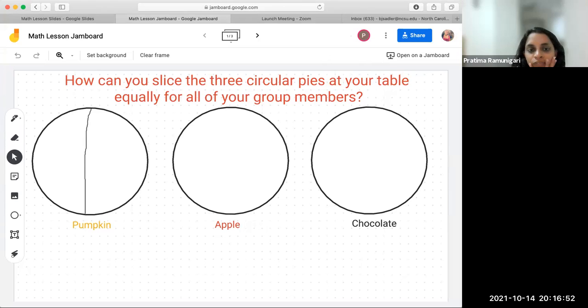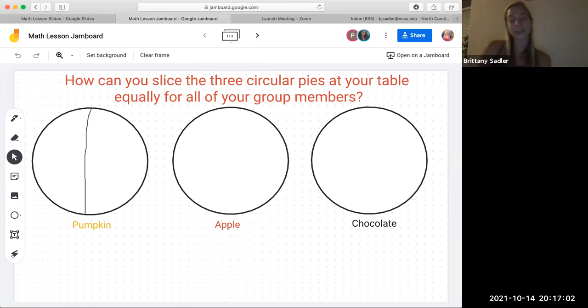Do we have to share all the 3 pies? Or can we just pick what we like and then the other one we can just share half of it? That's a great question. So right now, I think we just need to divide it equally among your group members. So whatever you think is the best way to do that. It looks like for the pumpkin pie, you divided it into 2 equal slices.